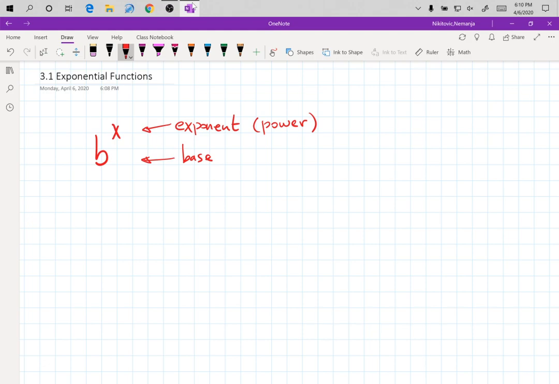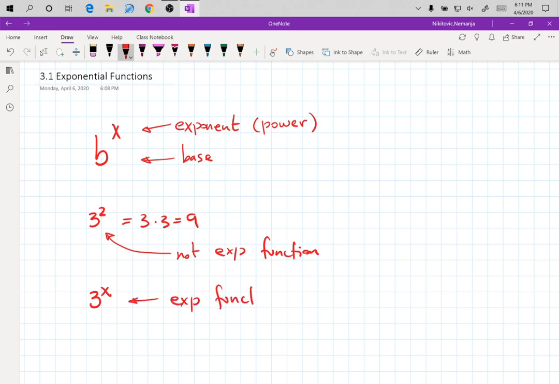So when you say 3 squared, well, that is just 3 times 3 equals 9, and this is not an exponential function. Right? A function requires an x. So when you say 3 to the x, that would be an exponential function.